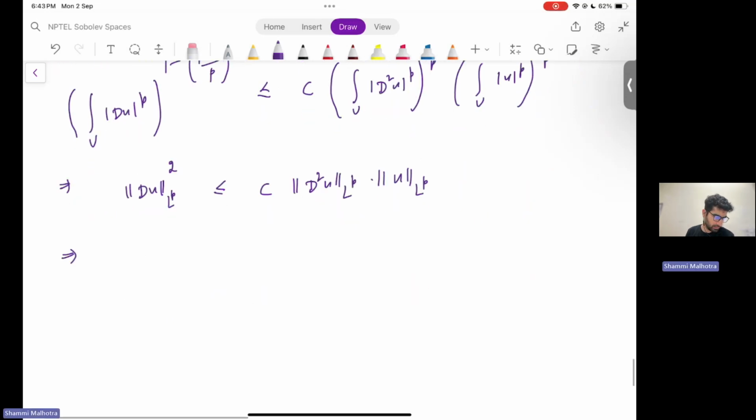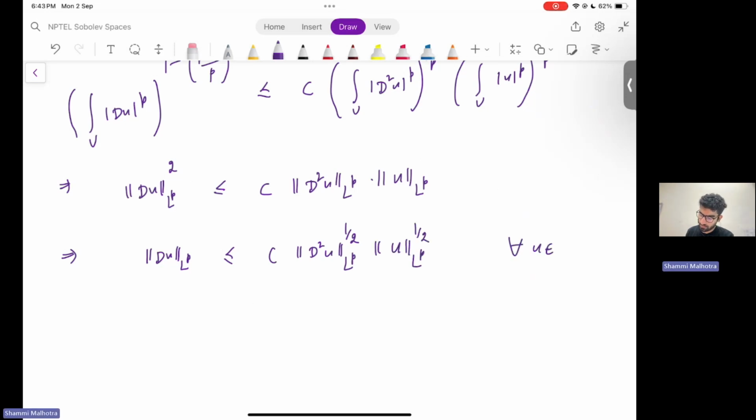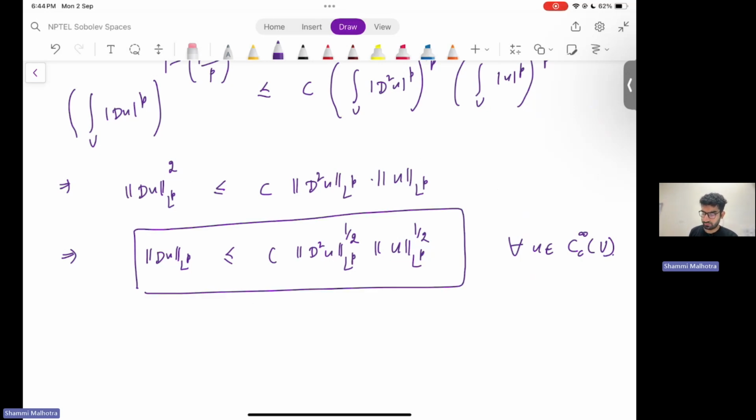Eventually, this implies that the Du Lp norm has to be less than or equal to some constant times the D2u Lp norm to the half and the u Lp norm to the half, and this holds for all u in C_c infinity of the domain. So finally, this is the required inequality which we want. So we have our required inequality.